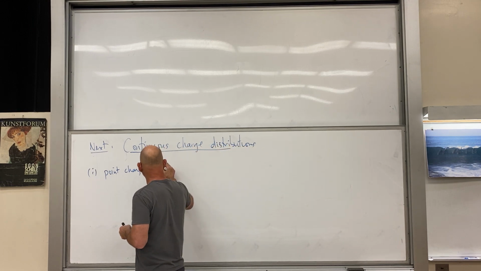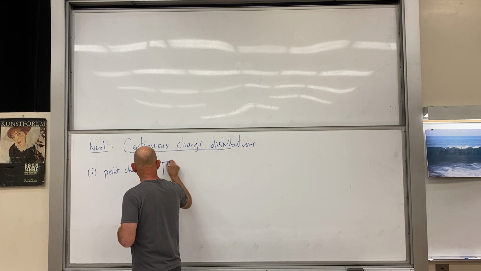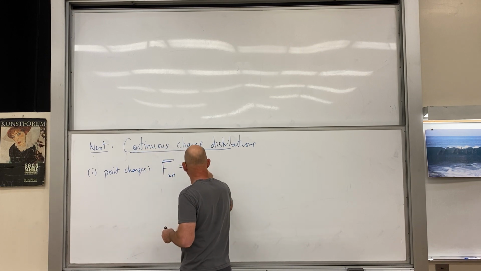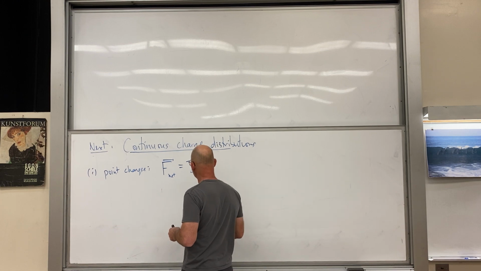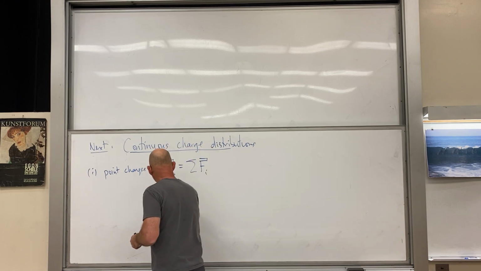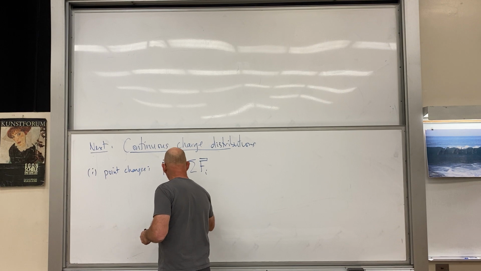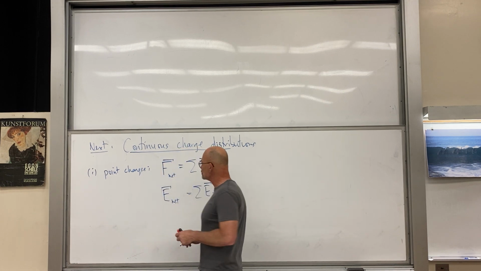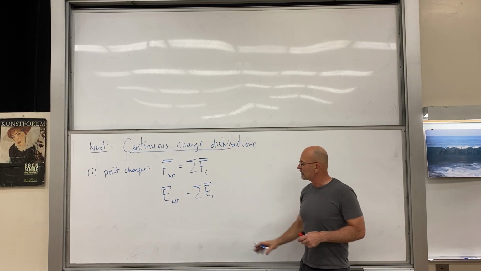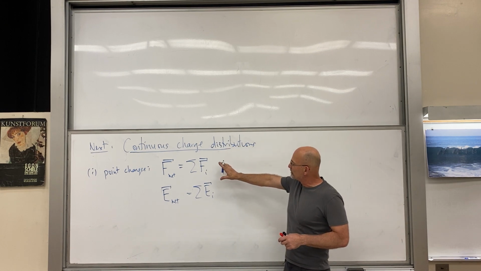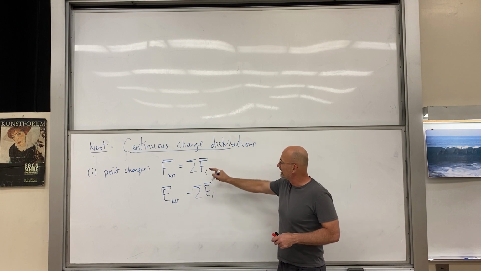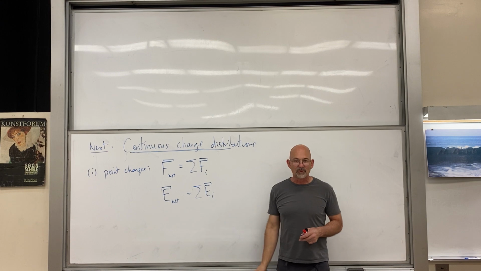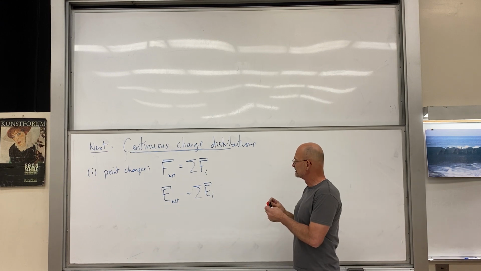Point charges, F net is equal to the sum of F sub i, and the same thing if we're doing electric fields, E net would be the sum of individual charges. So that is really not going to change in principle, but we're going to have continuous charges, and therefore instead of a sum, we're going to have an integral. So we get to do some interesting integrations.